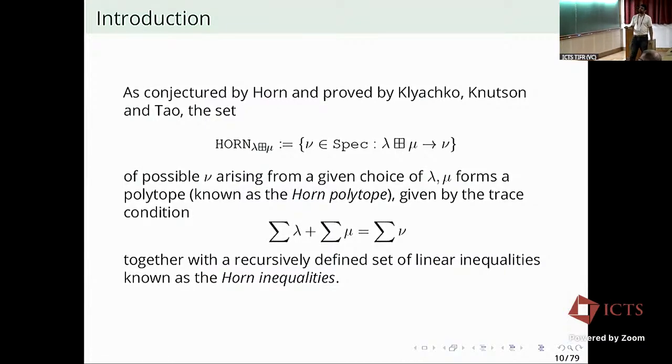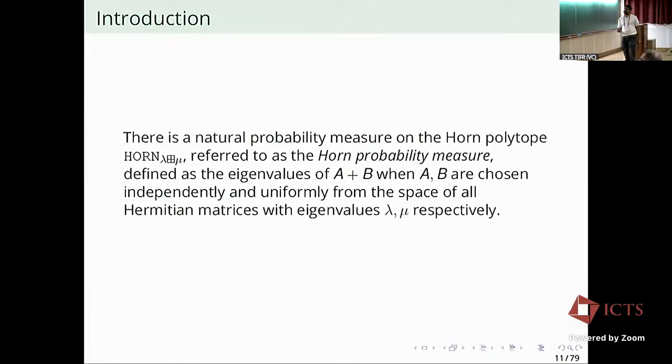But there's a simpler way to look at it from the point of view of hives, because for the hive polytope, if you fix just two sides, lambda and mu, then the possible nu for which there exists a hive is exactly the Horn polytope. So it's a kind of projection of the hive polytope that we already described, because you take the hive polytope, you just forget all the stuff that's above the bottom side, and just note the bottom side. So that corresponds to a projection.